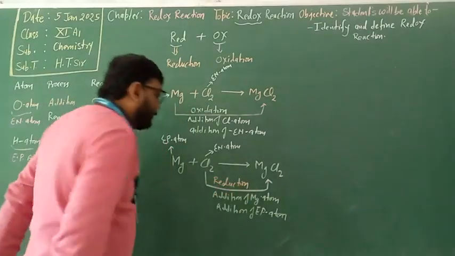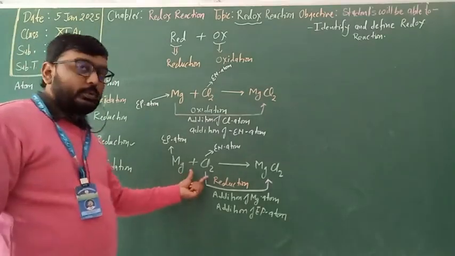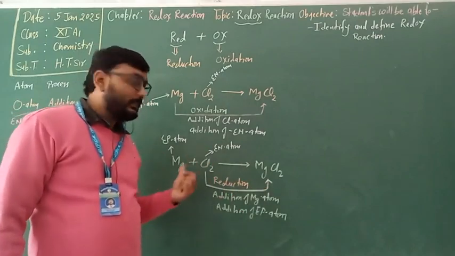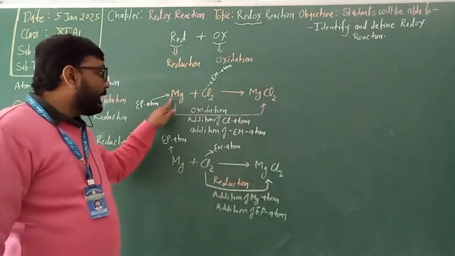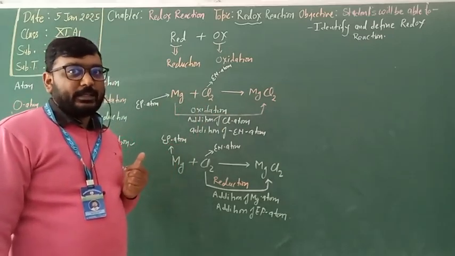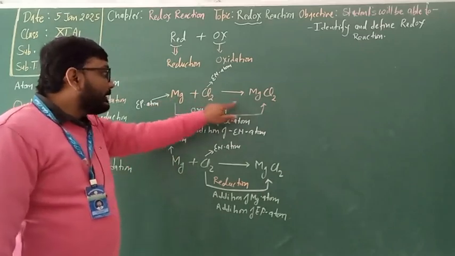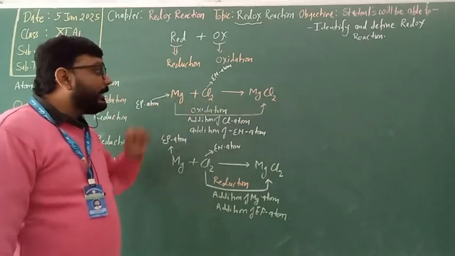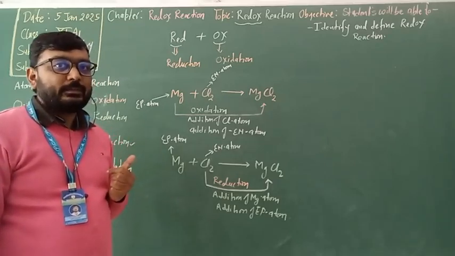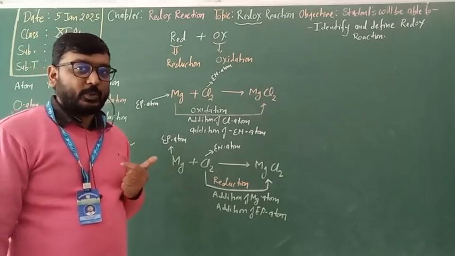Is it clear? So can we write here reduction? Now we observe that with reference to chlorine, this process takes place, that is reduction, and with reference to magnesium, this process takes place, oxidation. Any doubt? So in this same reaction we can identify both oxidation and reduction processes.